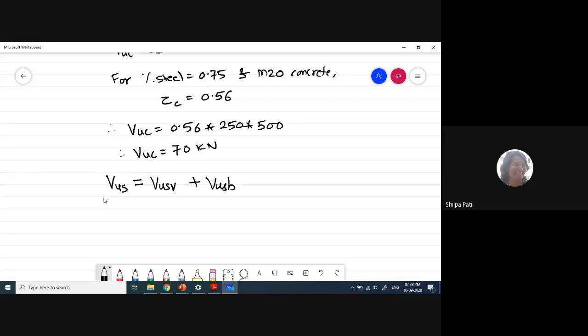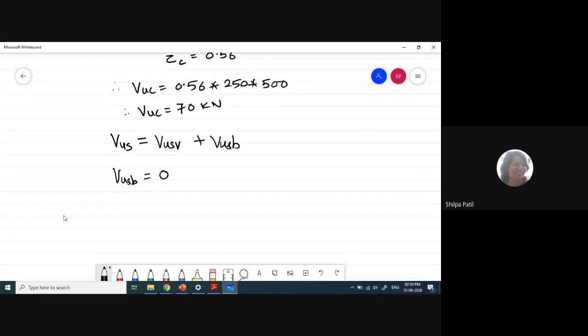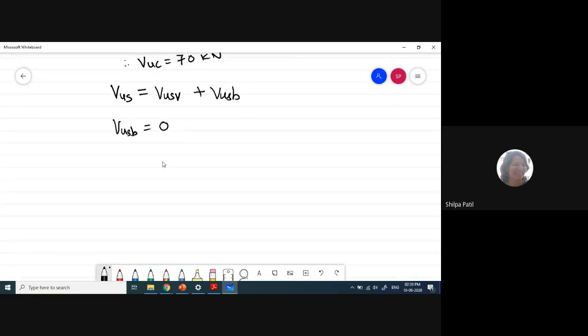That is the shear force resisted by the shear reinforcement and shear force resisted by the bent up bars. Now again in the problem statement, the bent up bar details are not given. So we have to consider VUSB equal to 0 here again. We will assume that there are no bent up bars, and hence VUSB will be equal to 0.